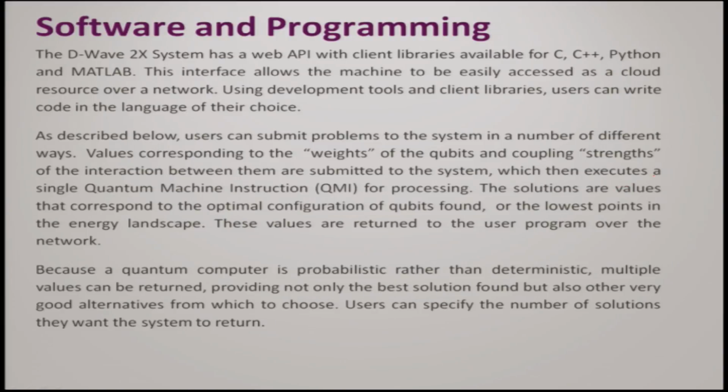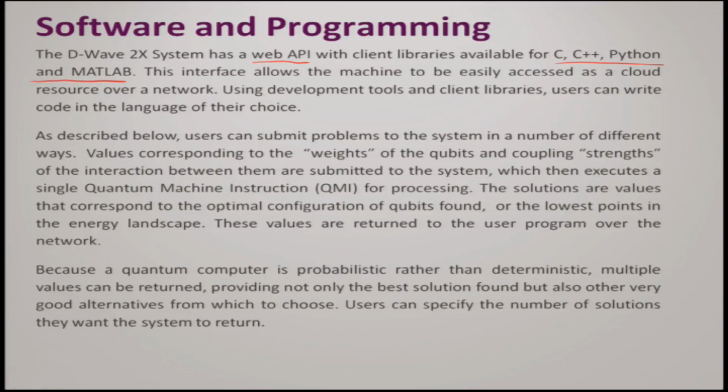To complete the story about the DWave computer in terms of its commercialization, I would like to point out the software and the programming aspects in their case. It comes with the help of a web API with client libraries available for C, C++, Python and MATLAB, the most common programming environments.